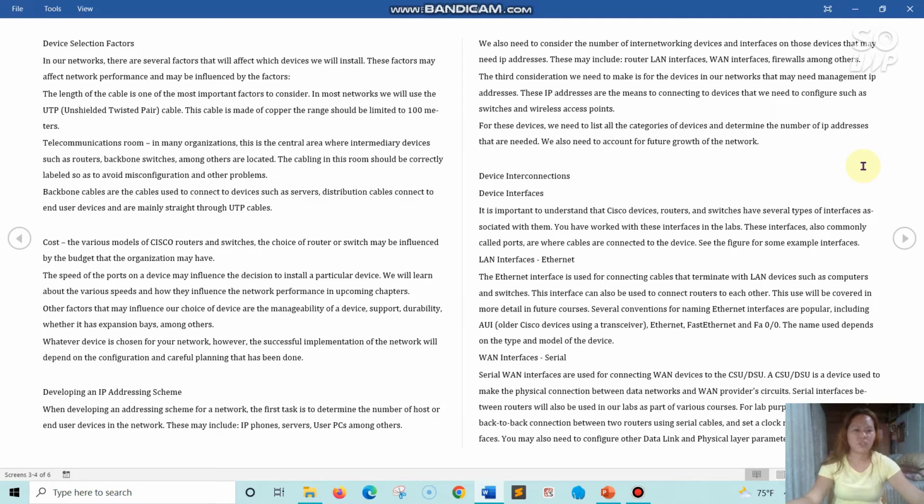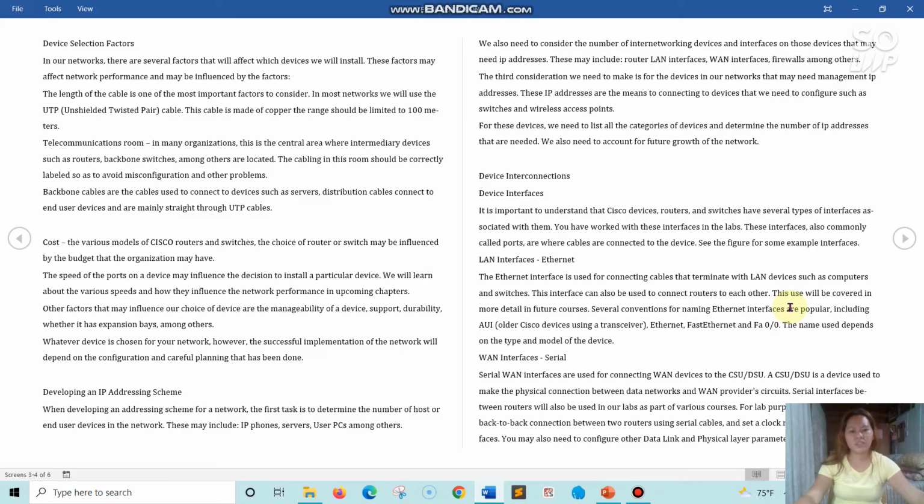Several conventions for naming Ethernet interfaces are popular, including AUI for older Cisco devices using a transceiver, Ethernet, Fast Ethernet, and FastEthernet 0/0. The name used depends on the type and model of the device.